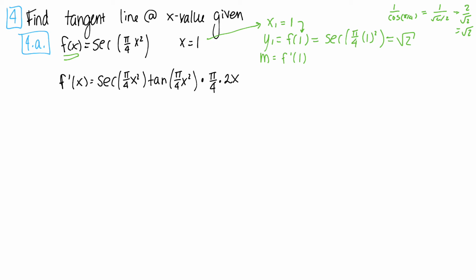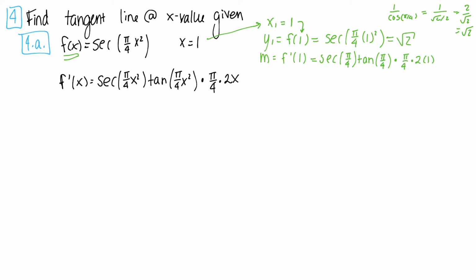I can now plug in 1 to this to get my slope. So I have secant of pi over 4. 1 squared is just going to be 1, so I'm just not going to write it. Secant of pi over 4 times tangent of pi over 4 times pi over 4 times 2 times 1.